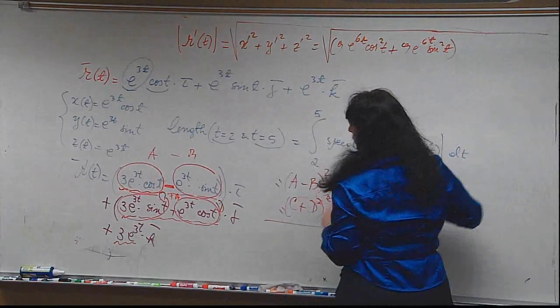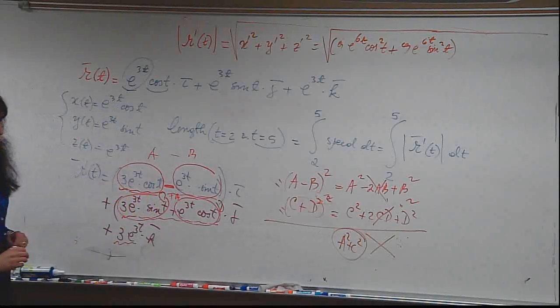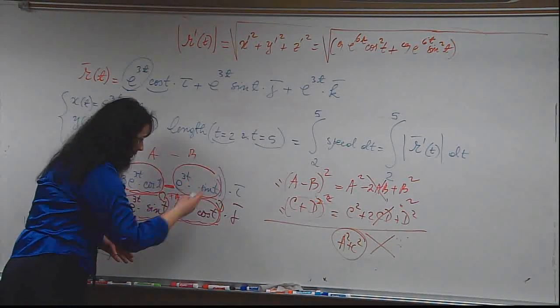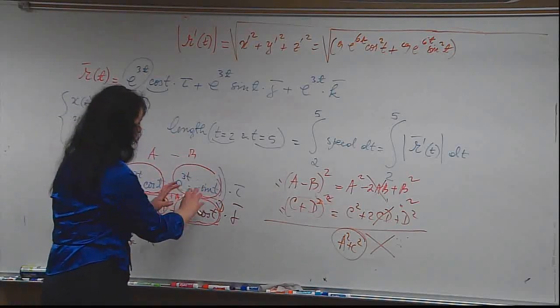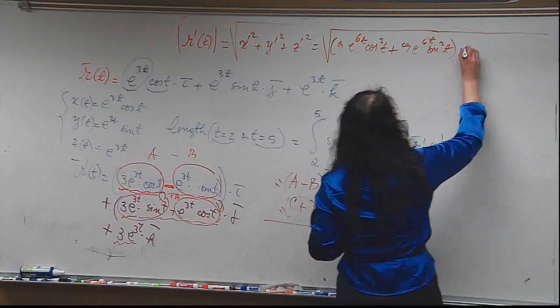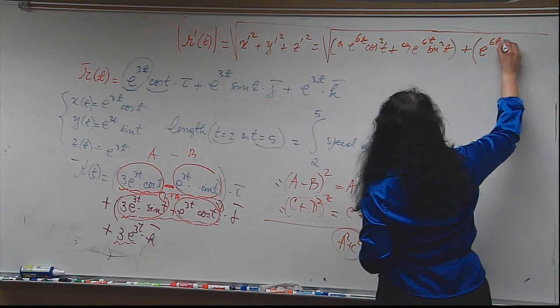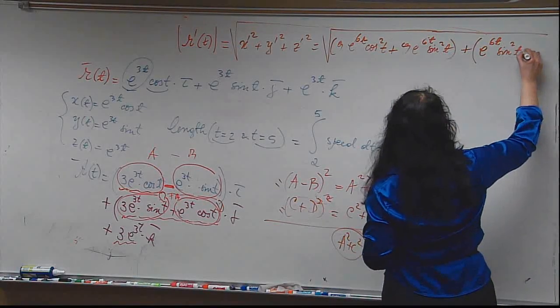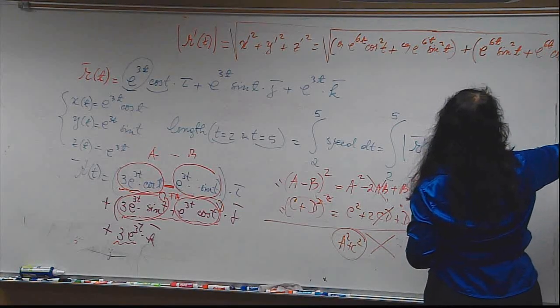All right, so I take this guy squared, I take this guy squared. The middle terms will disappear, thank God. Then I have this guy squared, that guy squared. Good. Plus another parenthesis, e to the 6t sine squared t plus e to the 6t cosine squared t.